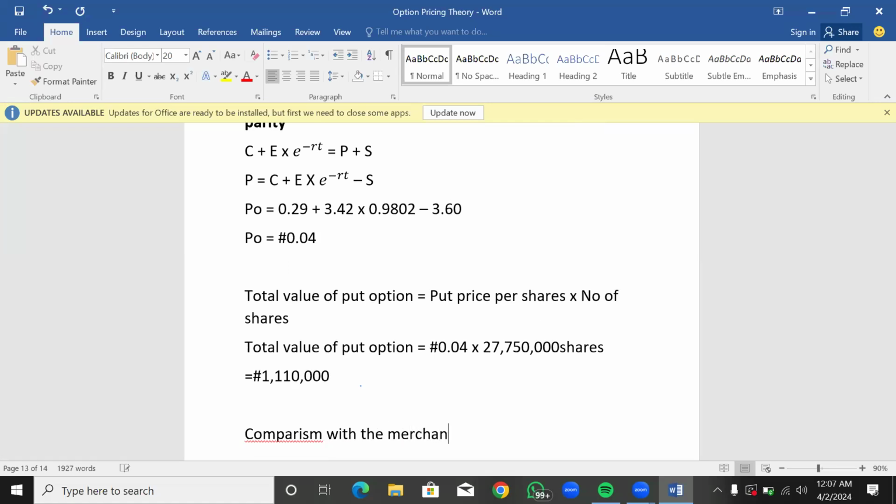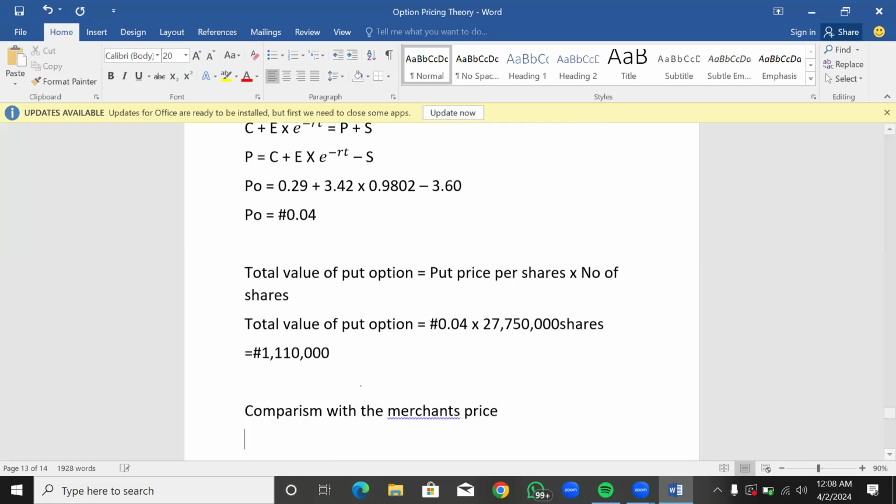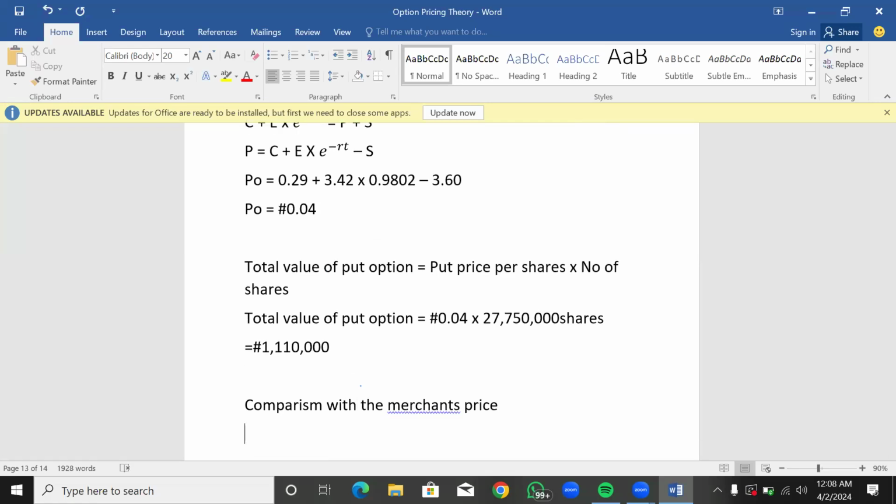Merchant price. So what we'll now do is we say our merchant price. How much is he willing to pay us? 1,250,000.